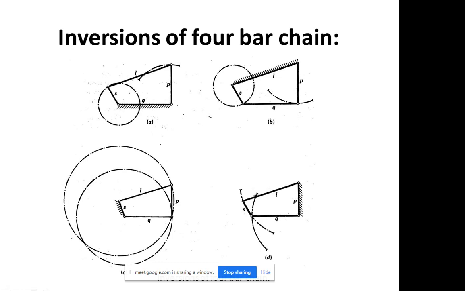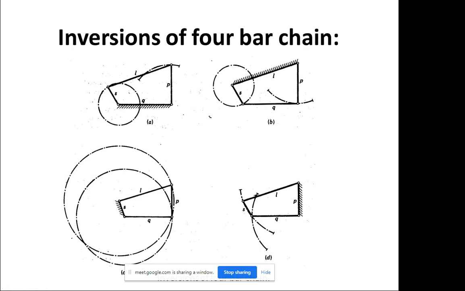Now you can see the difference when you fix this link, shown here in the figure with P. If you fix link S in this case, what happens? S is fixed from here, and this is going to oscillate in this direction. So this one is a big circular motion you can see, and from this center again you can see one more path.